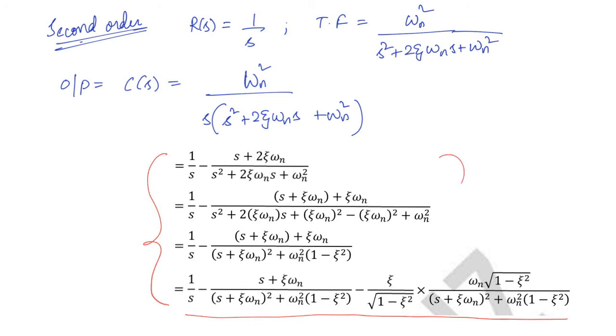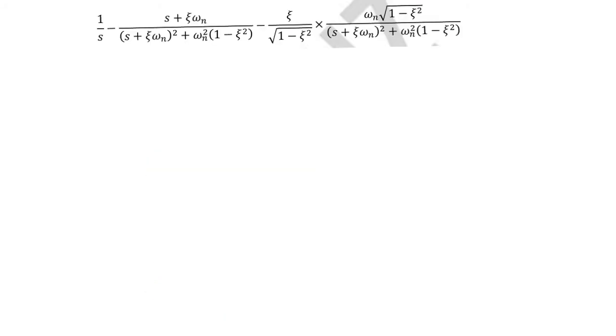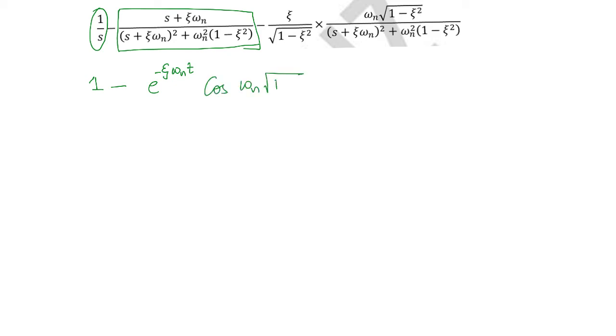You can go through the steps, they are self-explanatory. Once you get the final form, then you can apply the inverse Laplace. The inverse Laplace of 1 by s is simply 1. The inverse Laplace of this function will be minus e to the power minus zeta omega n t into cos of (omega n root over 1 minus zeta square into t).